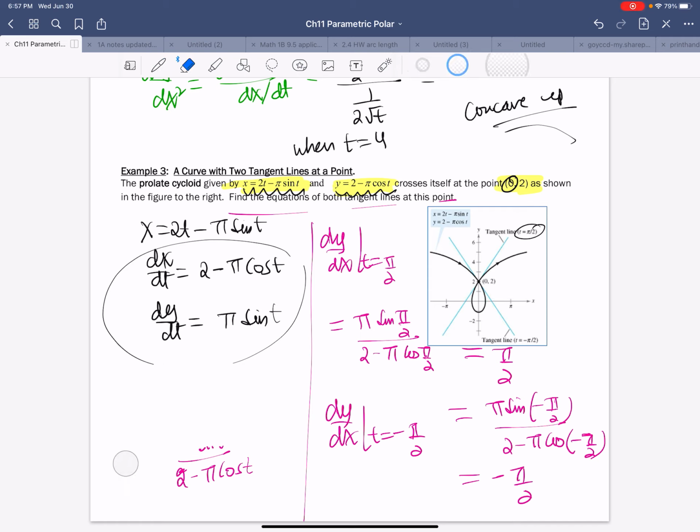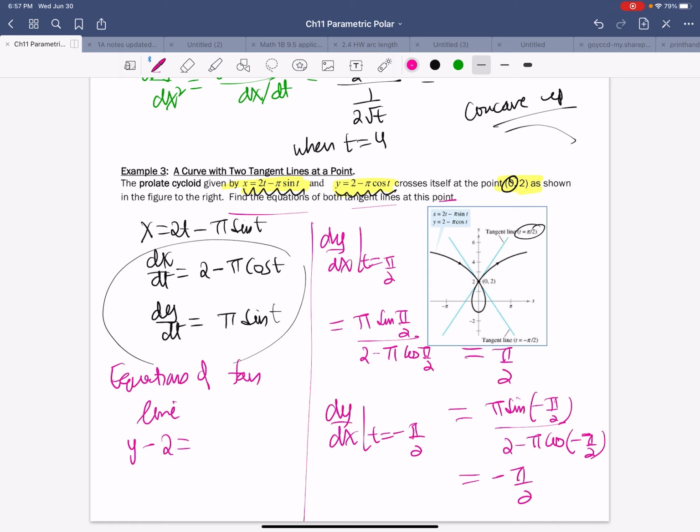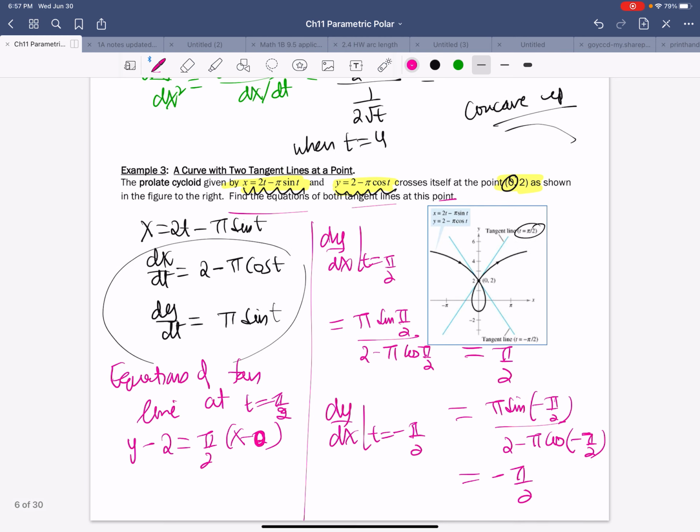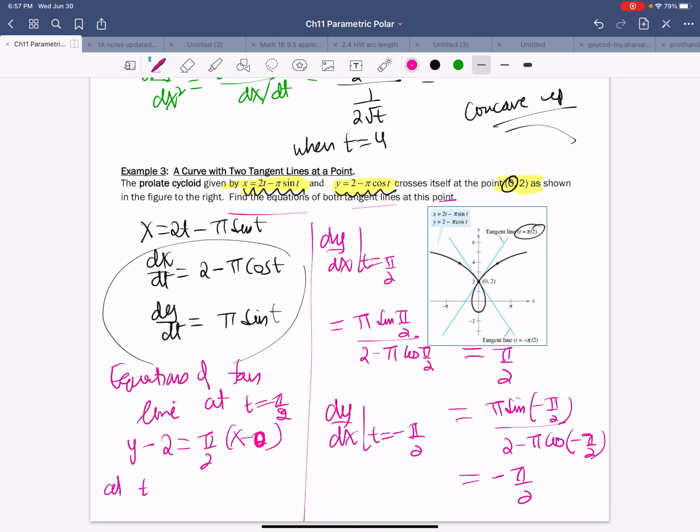The equation of the tangent line would be y minus y1, which is y minus 2, is equal to m times x minus x1, x minus 0. That's for the slope at t equal to pi over 2, and then at t equal to negative pi over 2.